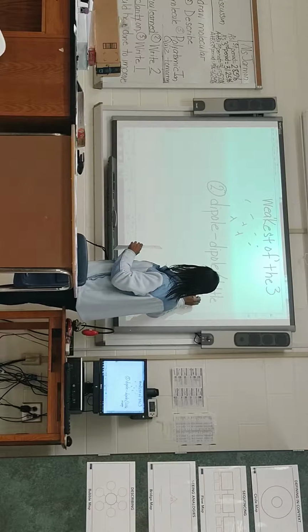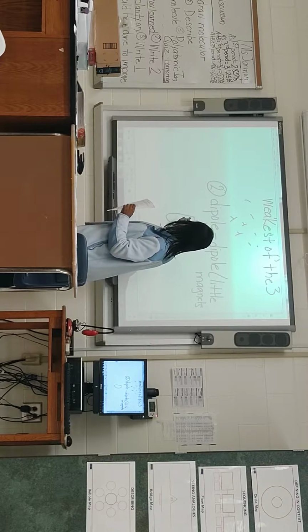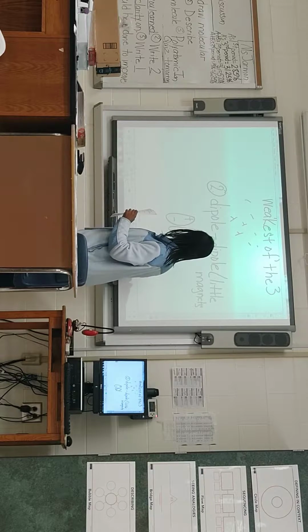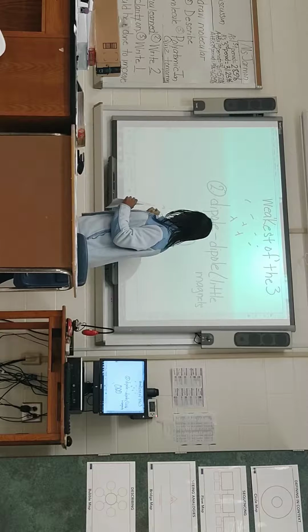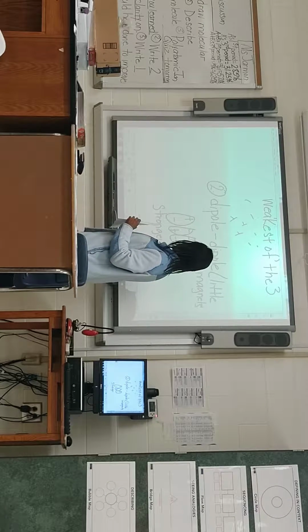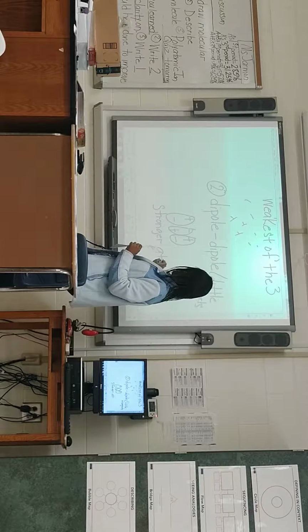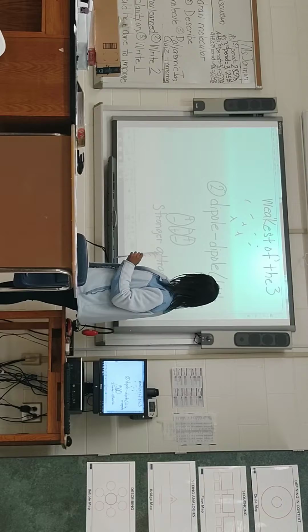Because the positives and negatives are closer to each other. You have your positives and your negatives attracted to each other. So this would be a stronger attraction, stronger, obviously, than London dispersion, which is just kind of all over the place.